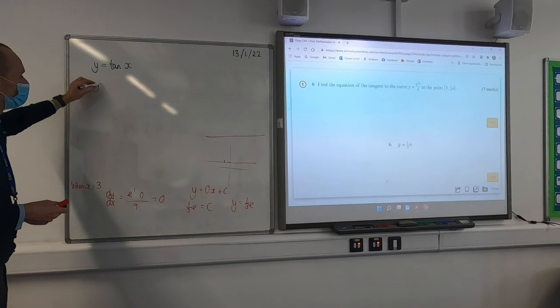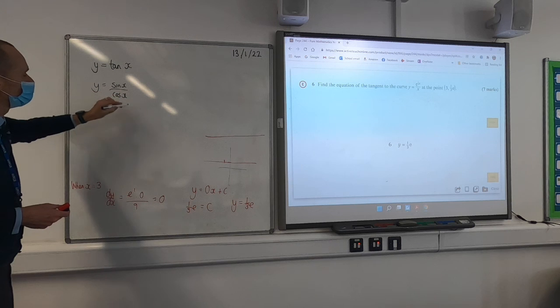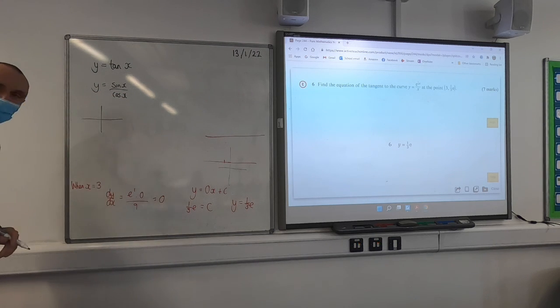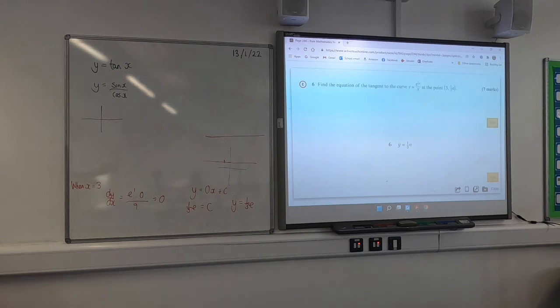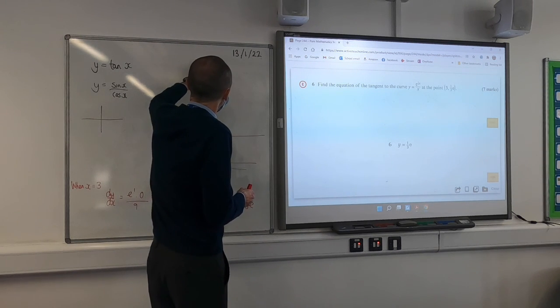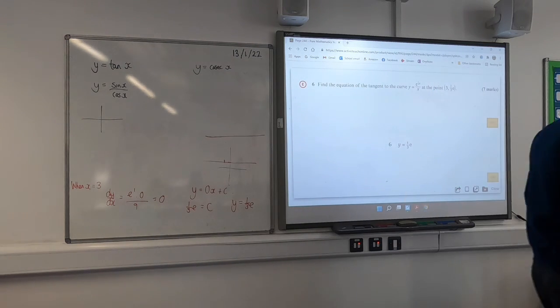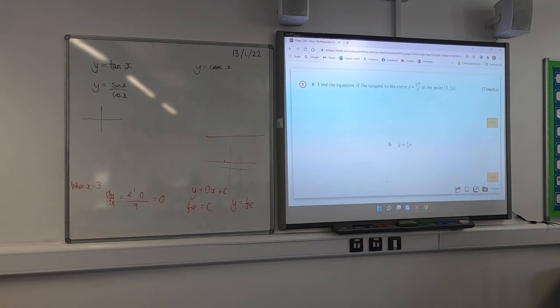I can write tan x as a quotient. So go on, see what you get when you do that. We're hoping we're going to get sec squared x. And maybe some of you might get on to doing cosec x. Think about how you can write cosec as a quotient, remembering what cosec actually is.